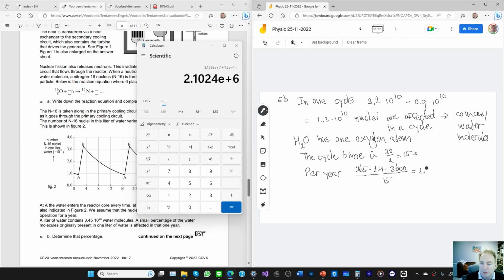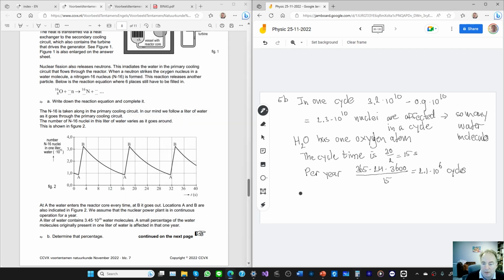This is 2.1 times 10 to the power 6 cycles. So therefore, 2.3 times 10 to the power 10 times 2.1 times 10 to the power 6 molecules are affected.